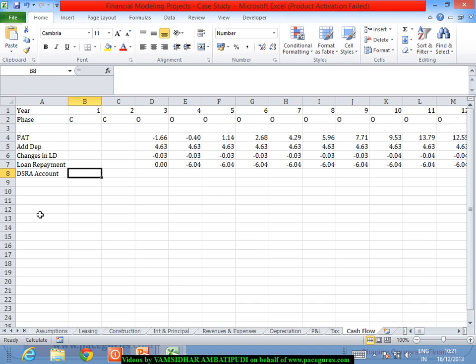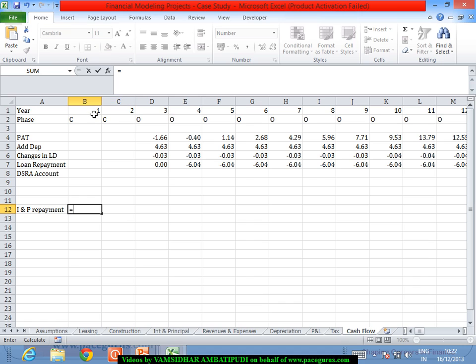So I'll maintain a couple of small calculations here, which will help me for my cash flow calculation, wherein I will talk about interest and principal repayment amount. It's not taking into a cash flow, but just for our understanding purpose, I am trying to find out what is the total interest and principal repayment each year.